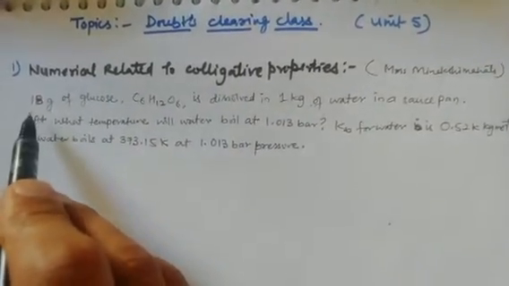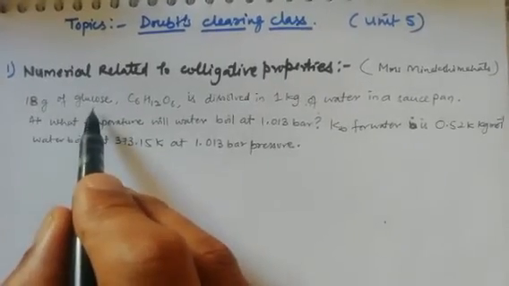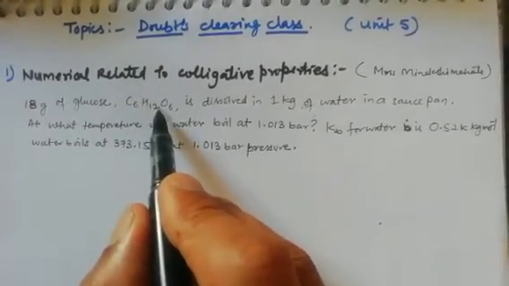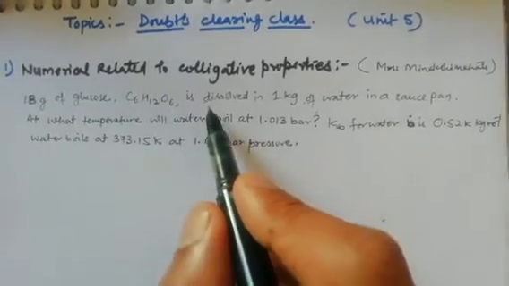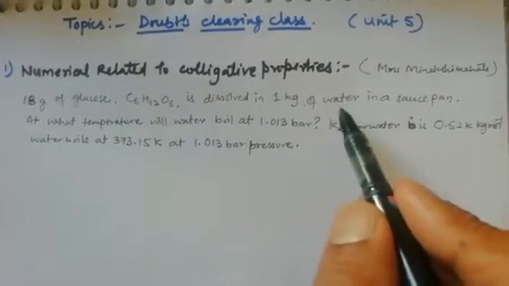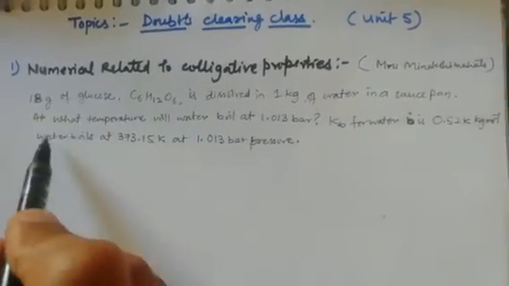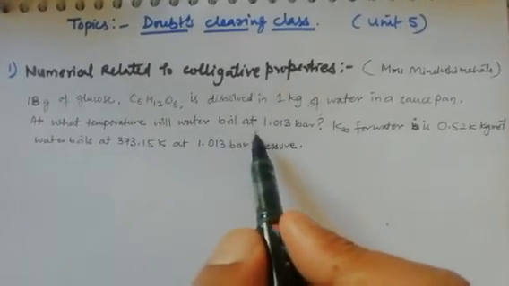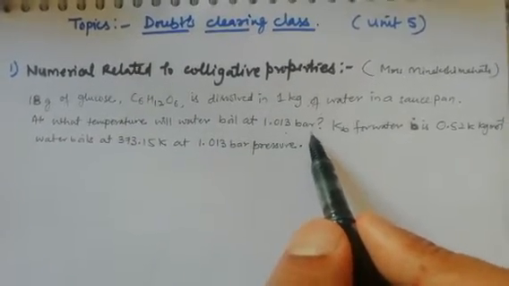The question she asked is: 18 gram of glucose, C6H12O6 is the formula of glucose, is dissolved in 1 kilogram of water in a saucepan. At what temperature will water boil at 1.013 bar?